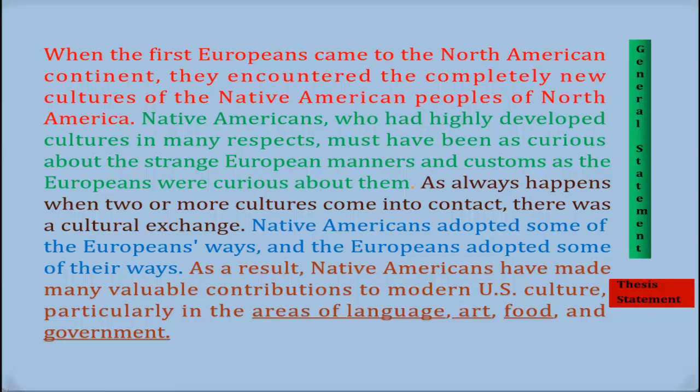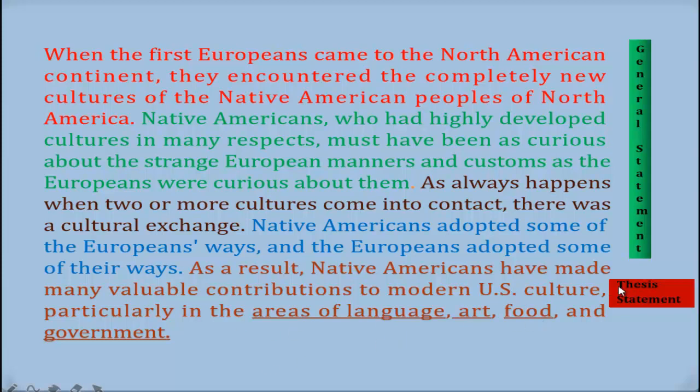The thesis statement comes at the end of this paragraph. Here we go: As a result, Native Americans have made many valuable contributions to modern U.S. culture, particularly in the areas of language, art, food, and government. So this essay will talk about these four things: language, art, food, and government.